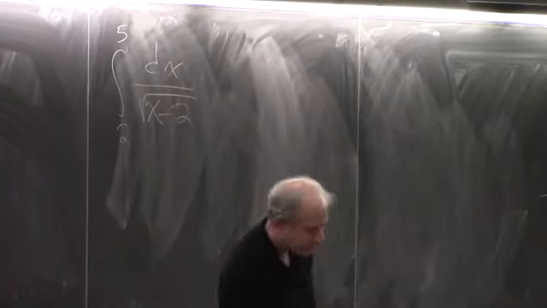Now you have to pay attention when you're doing these integrals, especially the definite ones. This doesn't exist at x equals 2. At x equals 2, you have 0 in the denominator. So you can't really do this integral with a 2 in there.